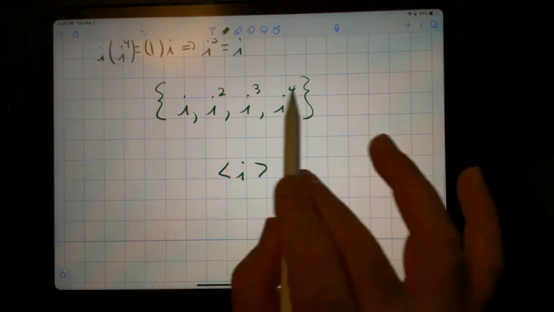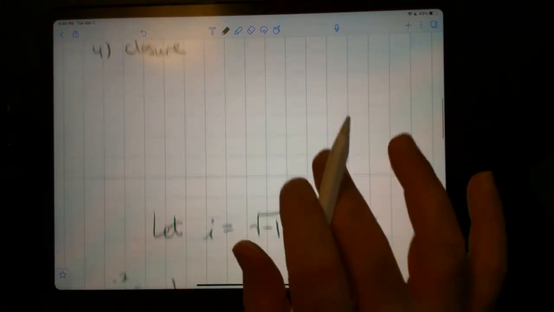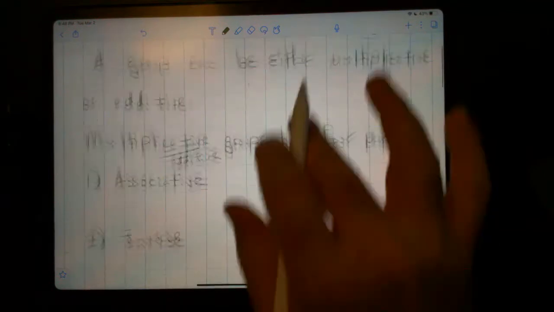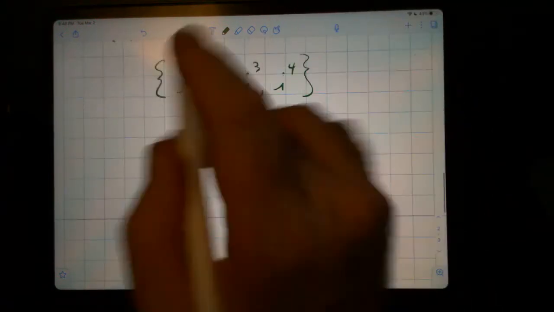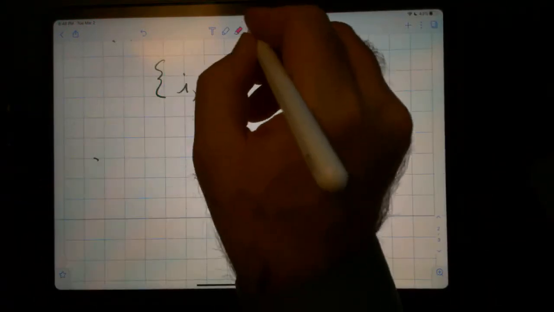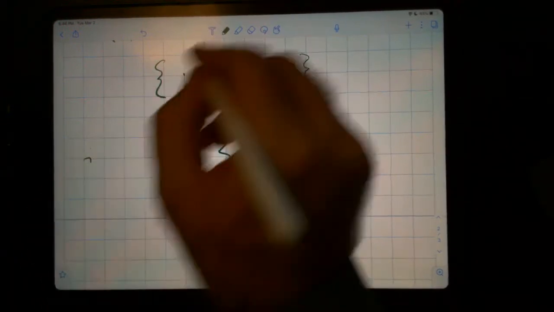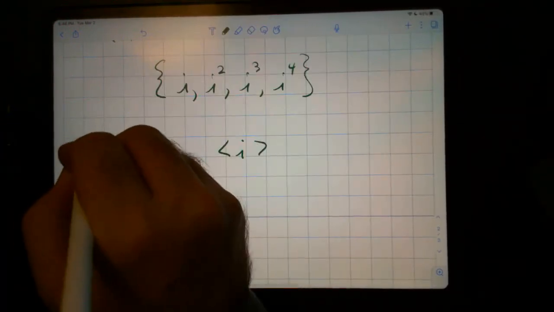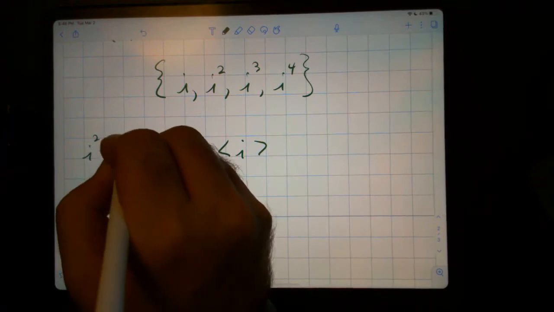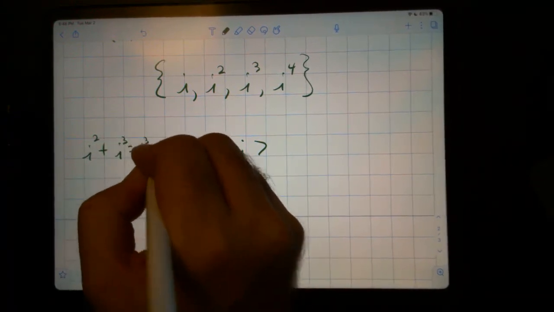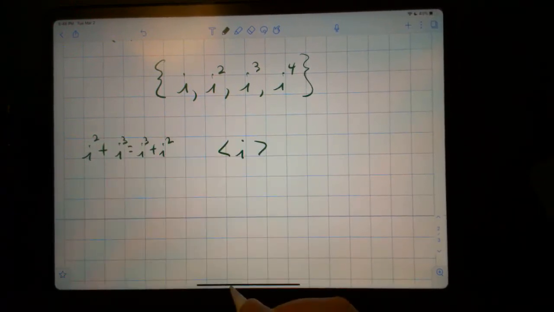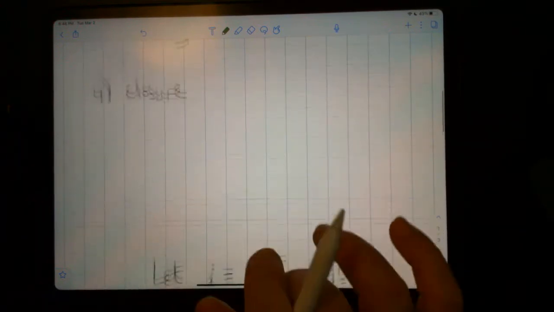So looking at this, let's see if this is associative. It is associative because any of those elements, you can rearrange them. So i squared times i cubed is i cubed times i squared. It's associative. Okay.